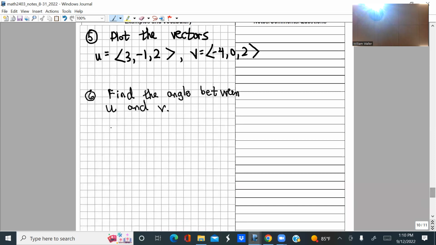So to find the angle between them, right? It's just again, it's our formula. So it's u dot v there over those magnitudes.